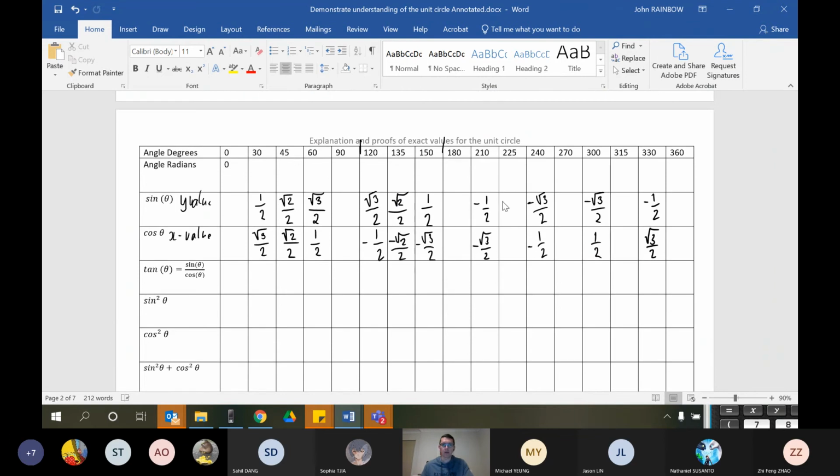When we get to 225, I know they're both going to be negative because we're down in this quarter of the unit circle. And over here, I know that the x would be positive, which is cos, and the sine would be negative.